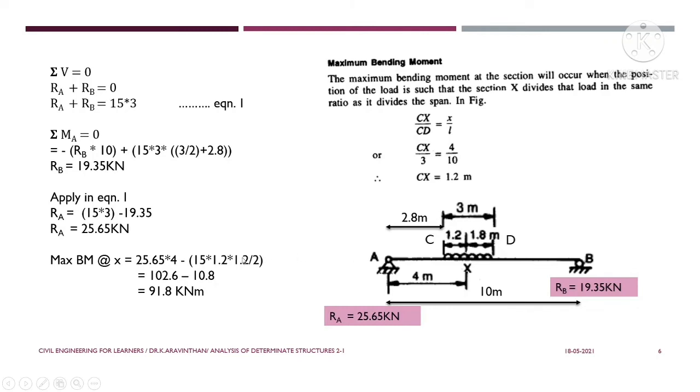Load into distance is 1.2 into 1.2 by 2. That is, hence you will be taking all the loads here for finding the moment. If I substitute and I simplify, I will be getting 91.8 kilonewton meter. So now we got all the values, that is positive shear, negative shear and maximum bending moment.